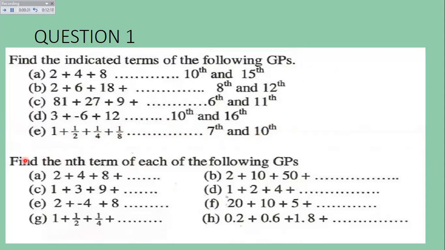Then in part 2 here, I'm also interested in E. 2 plus -4 plus 8 plus and so on. So here, can you find the nth term? Here it is now for you to find the nth term.